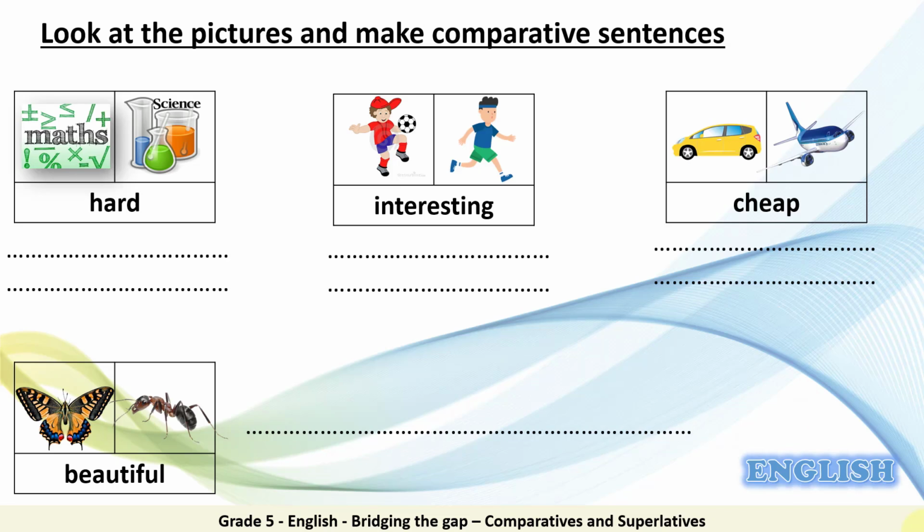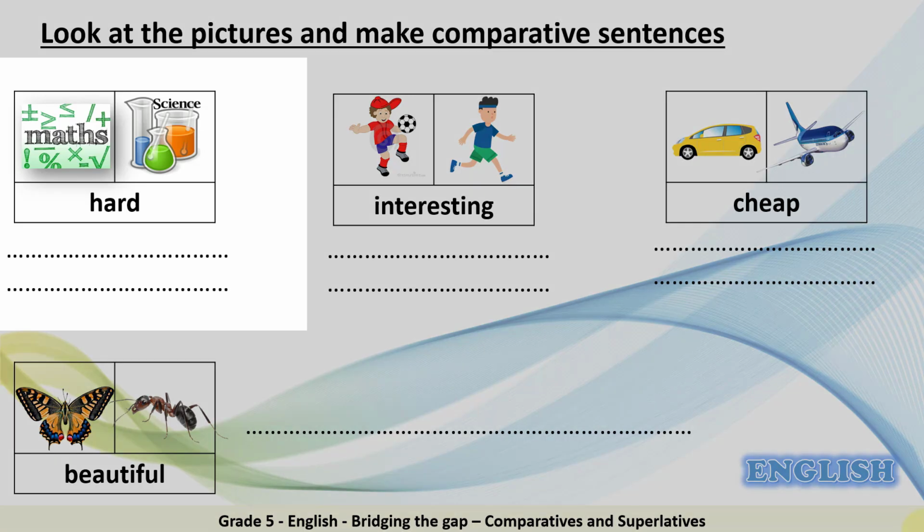Look at the pictures and make comparative sentences. We have here 4 pairs of pictures. We need to make comparative sentences. Let's try the first one. Here we have 2 pictures of 2 subjects, maths and science. We need to compare between them using the adjective hard.